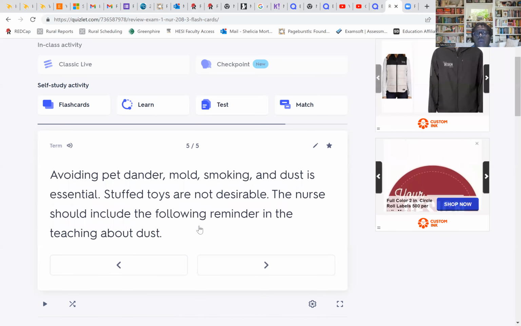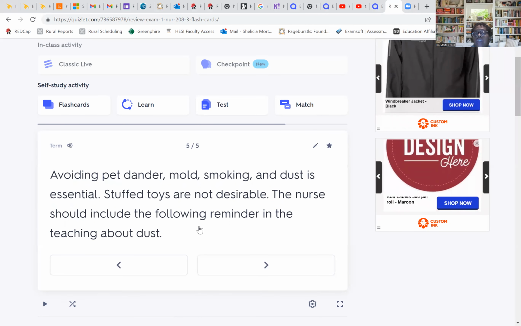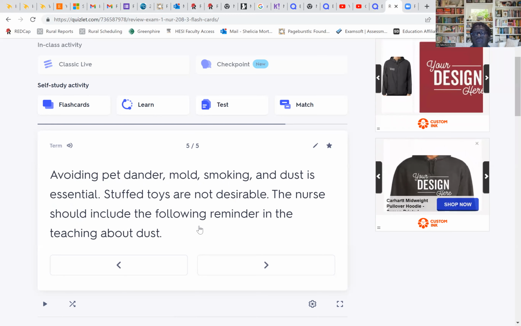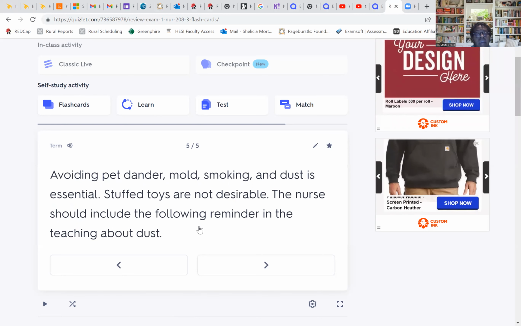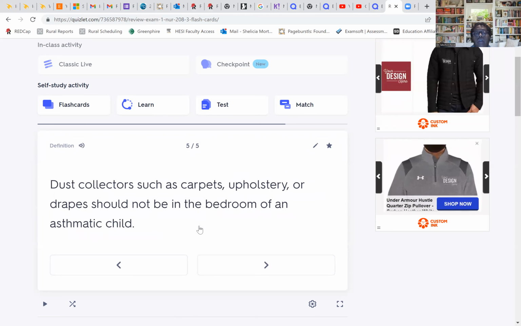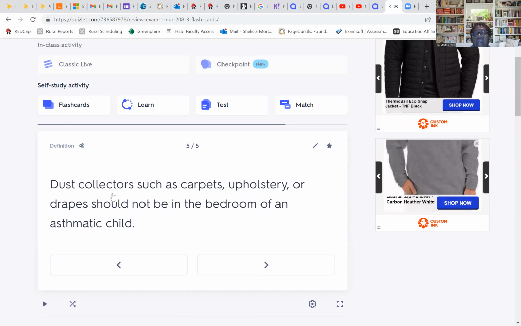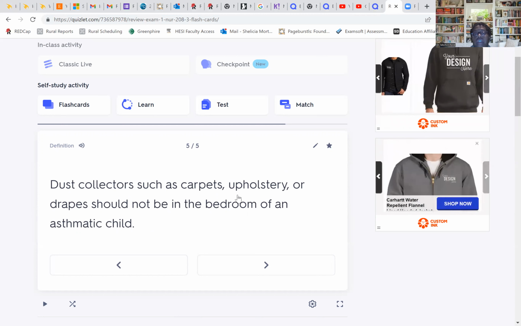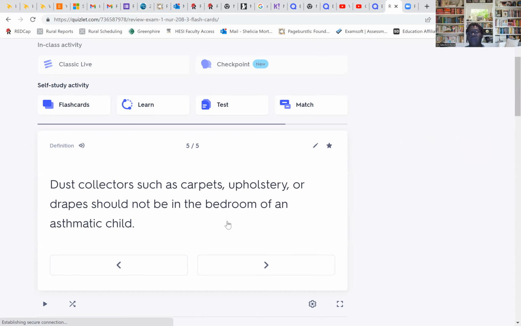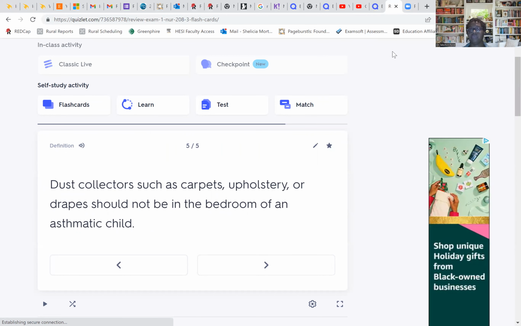That is essential to preventing those asthma attacks.